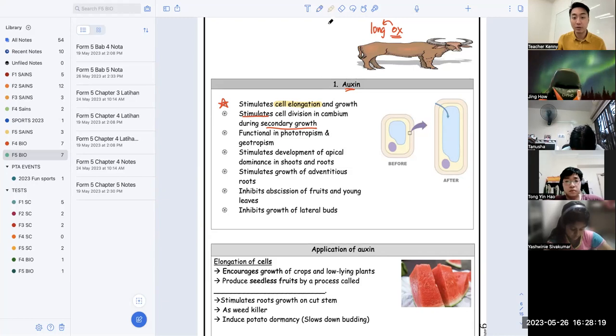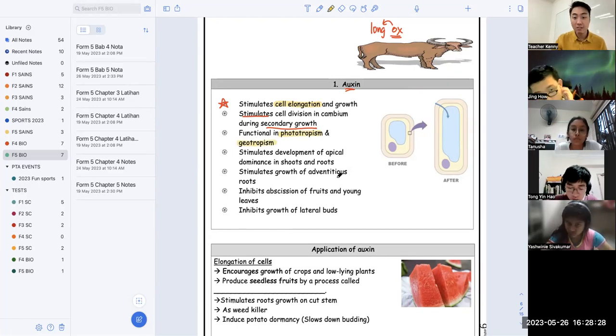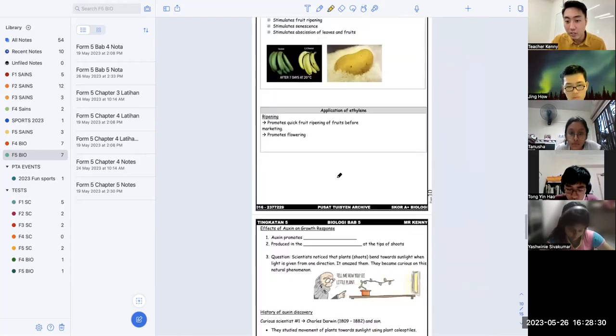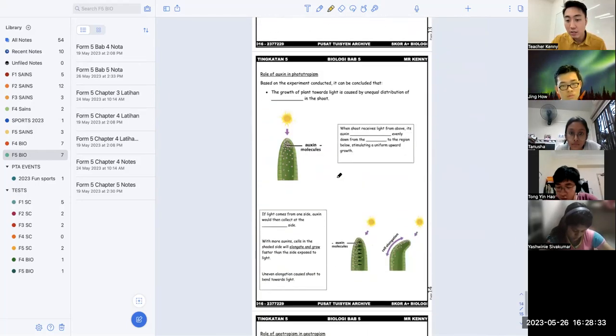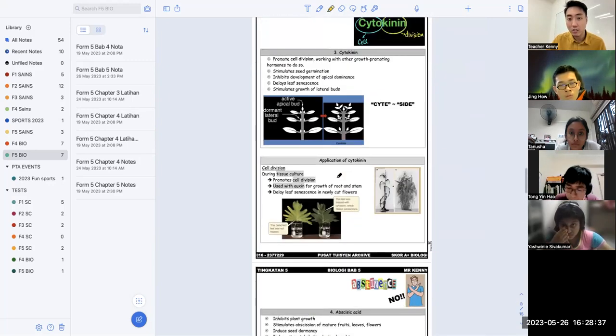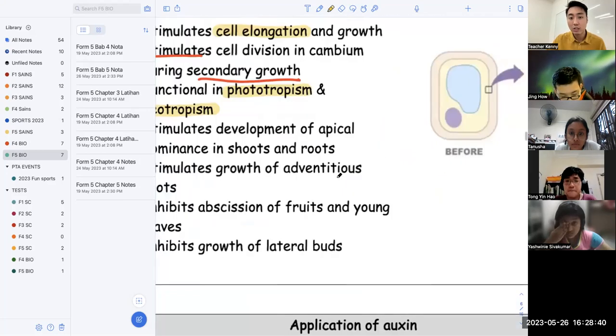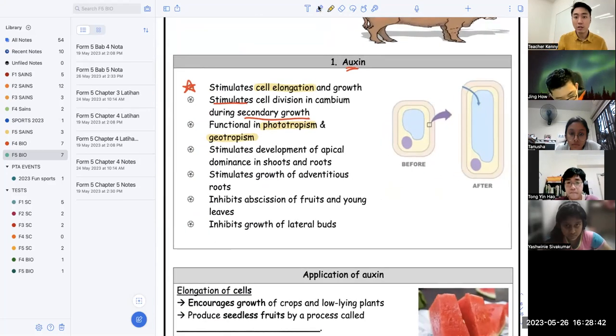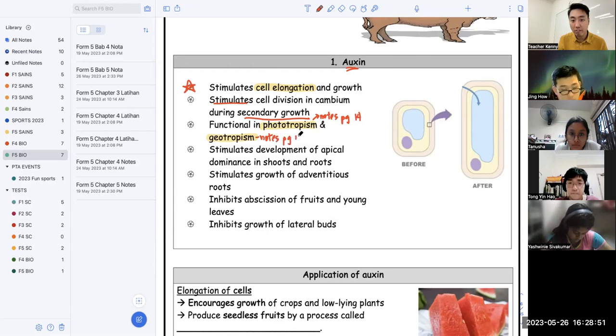Next, very important here, it is very important in phototropism and geotropism. Now, we're going to relate this to the pages, let me check. Page 13, page 14 and 15. So this one is notes page 14, and this is notes page 15.